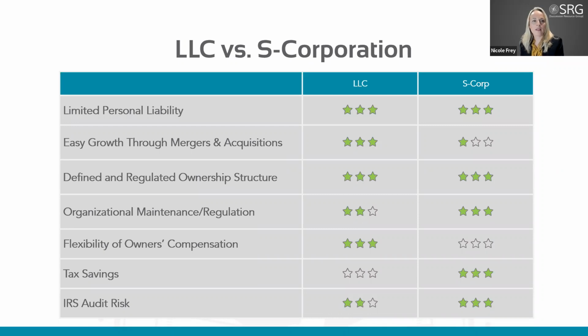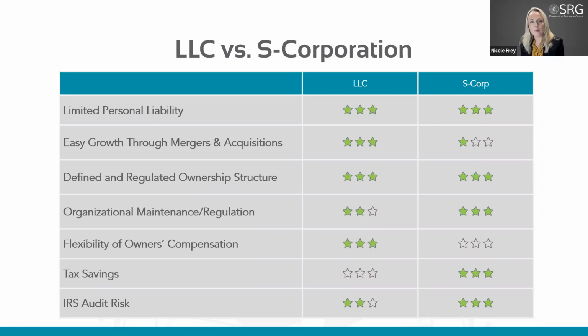It does provide that personal liability protection that you're looking for. And it also gives you that structured operational structure so that you can define and regulate the ownership and the rights and responsibilities of all the parties in that company. So the limited liability company provides that as well.